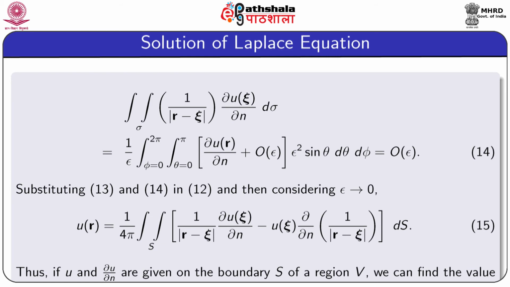From this expression you can see that the value of u at an arbitrary point P, denoted by u r, can be written in terms of the surface integral of the quantity written in equation number 15, and to find the value of u at P, we need to know the values of del u del n and u over the surface S. If these two quantities are known, we can find u at an arbitrary point P. Similarly, in case of the exterior Dirichlet problem, we can obtain a relation given in equation number 15.